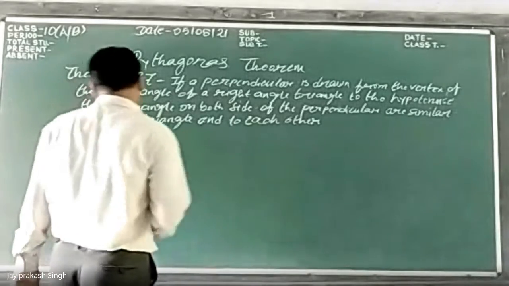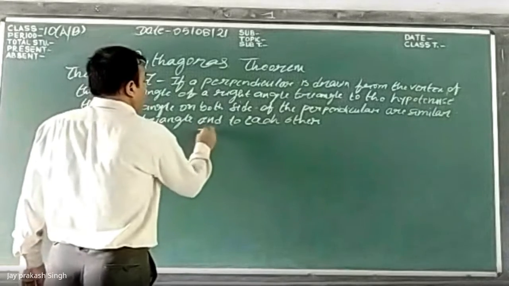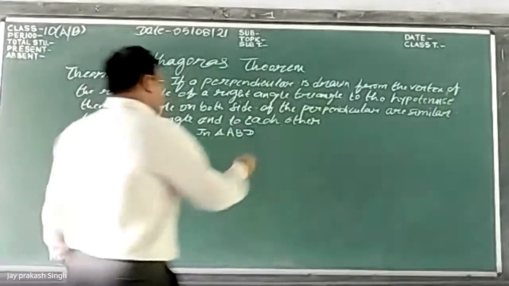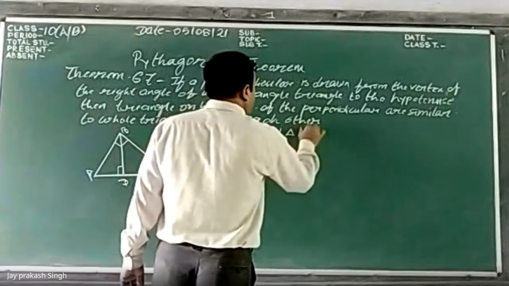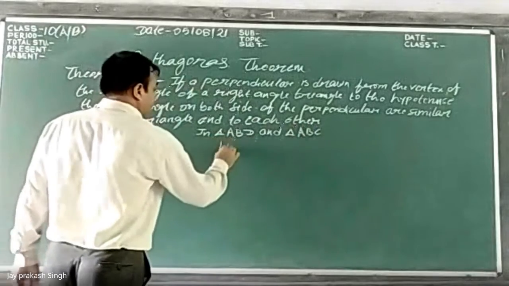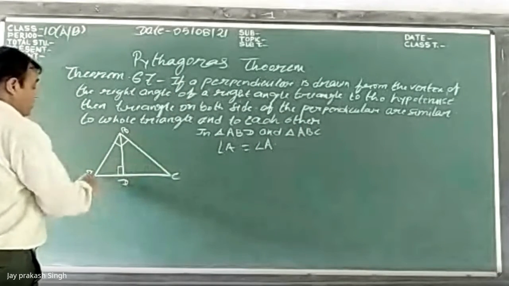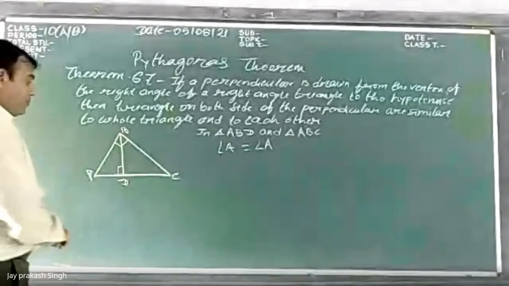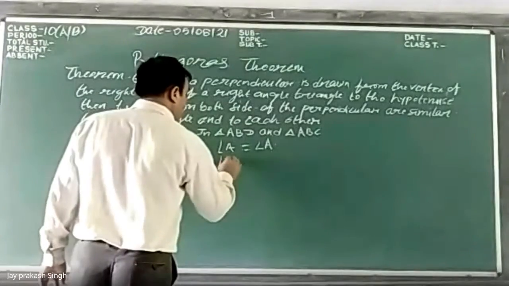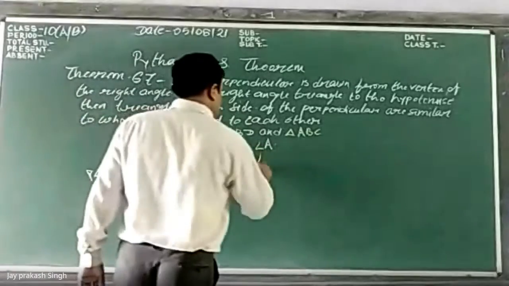Now, in triangle ABD and in triangle ABC, we have angle A equal to angle A, since this is the corner common to both triangles. Also, angle D of triangle ABD is equal to angle B of triangle ABC, as both are 90 degrees.